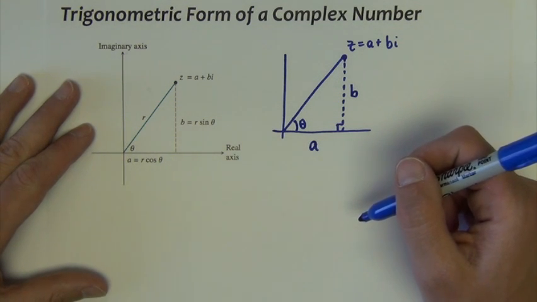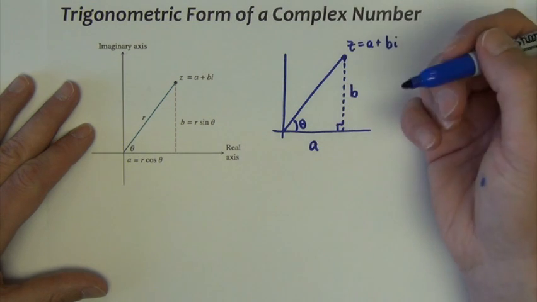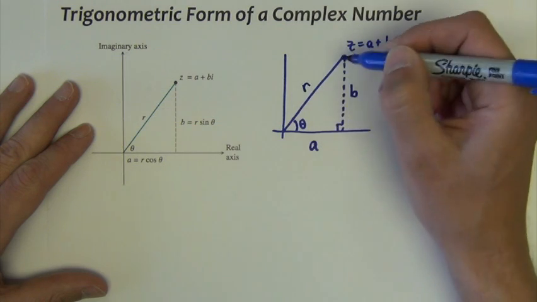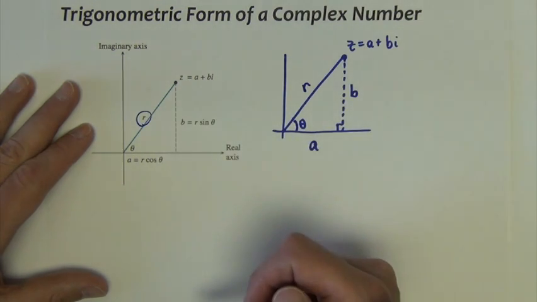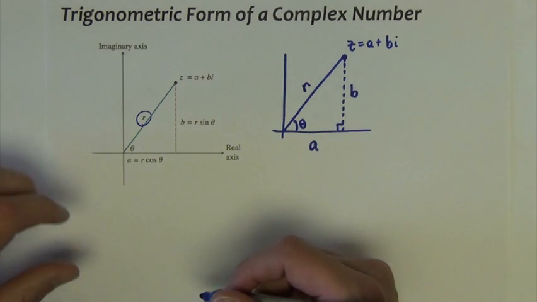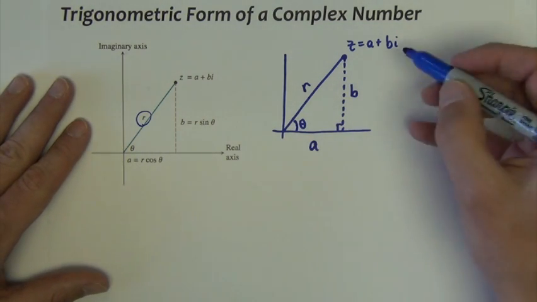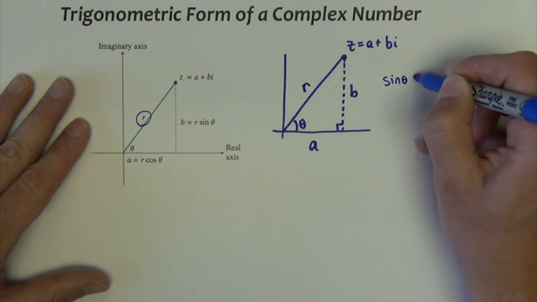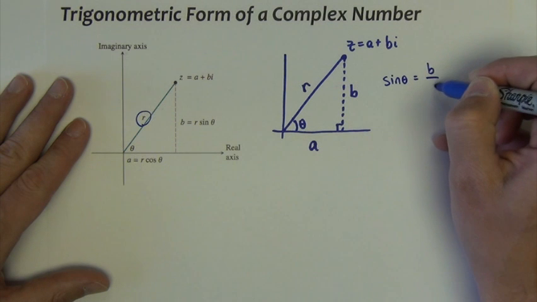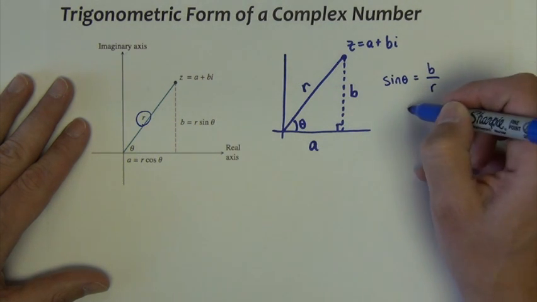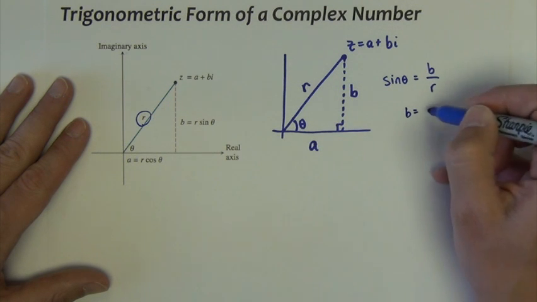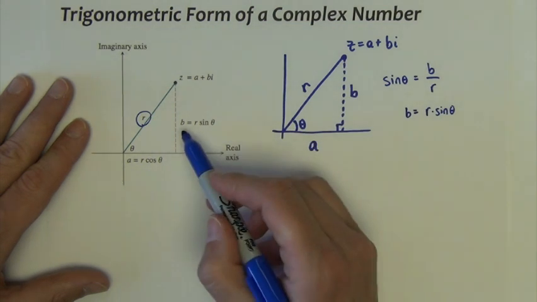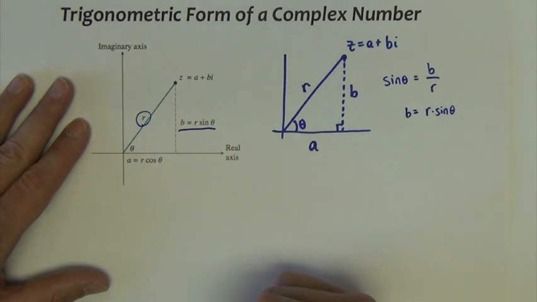And if we use some trigonometry, let's call the length of the hypotenuse r. Well, we could say that the sine of the angle theta is equal to the opposite over the hypotenuse, or that the value b is equal to r times sine theta.